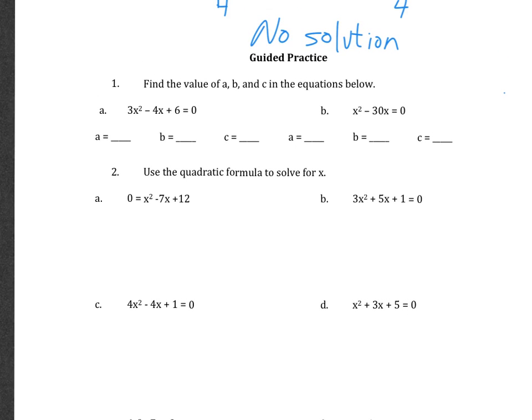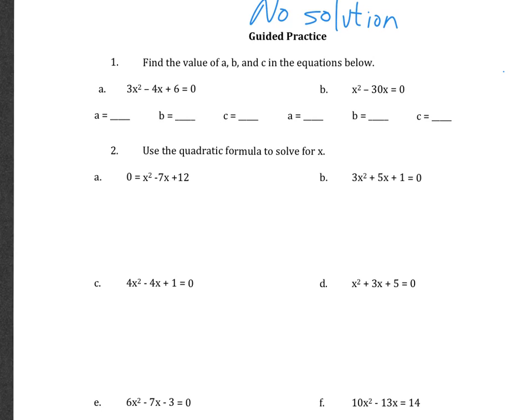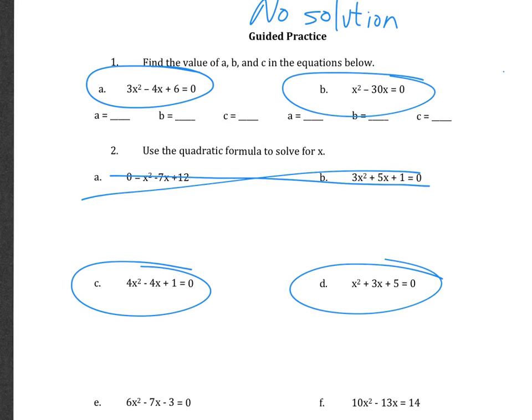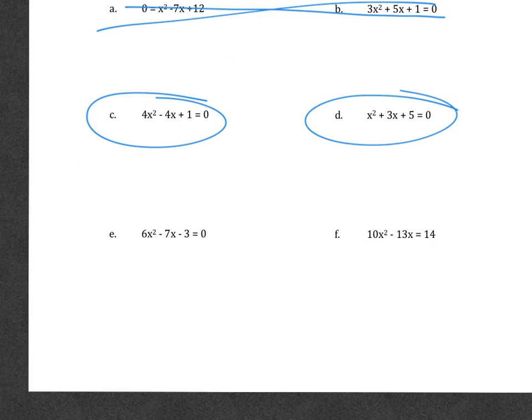Let's do the first two A and B's and C and D. So don't worry about these. Do these and these. And don't worry about these either. All right, good luck guys. Pause, rewind the video if you need any assistance. I'll give you the shortened version of this during class today.